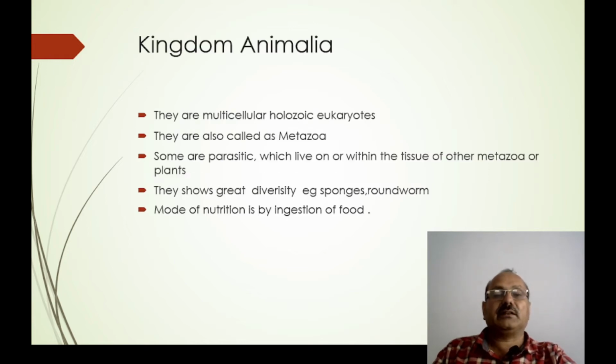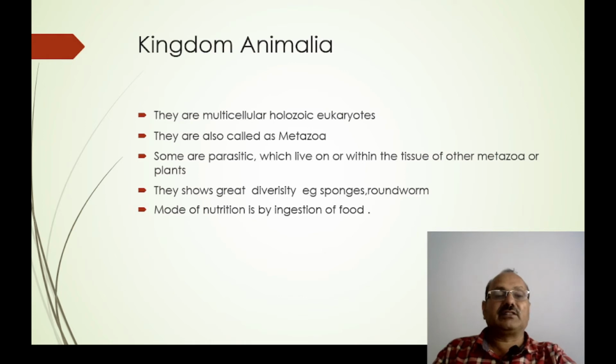The next important kingdom is called kingdom Animalia. They are multicellular holozoic eukaryotes. They are also called metazoans. Some are parasitic, which live on or within the tissue of other metazoans or plants. They show great diversity, that means they are found in all environments.